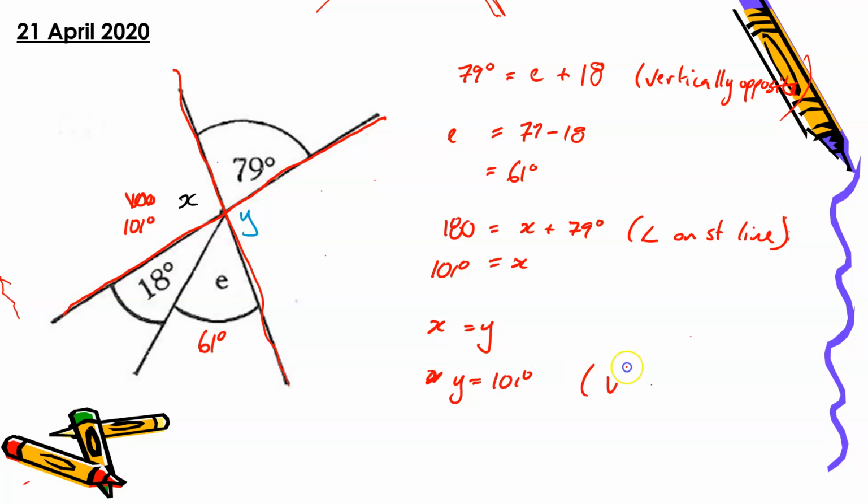The reason for that is vertically opposite. Okay, so you must give your answer with a reason. We could have solved working out Y with a straight line, and that's why there's no set ways with a lot of these questions. You just choose a rule and find your way to the answer.